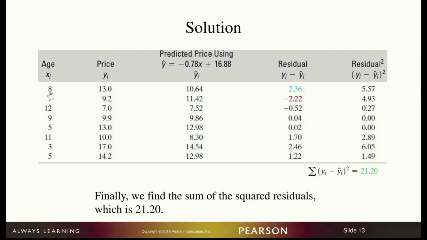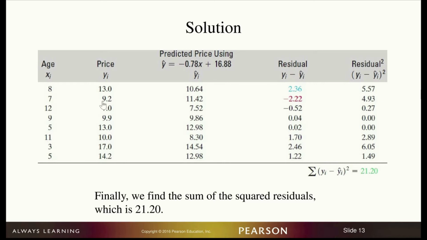So for example, we know that for 8 we have 13 as the actual observed price. That's the data, what the data told us. And remember, when we plugged in 8 into this model, that gave us 10.64, right? And then all we have to do is find this difference. That's going to be the residual, and finally square it. And do the same thing for each of the data points, right?